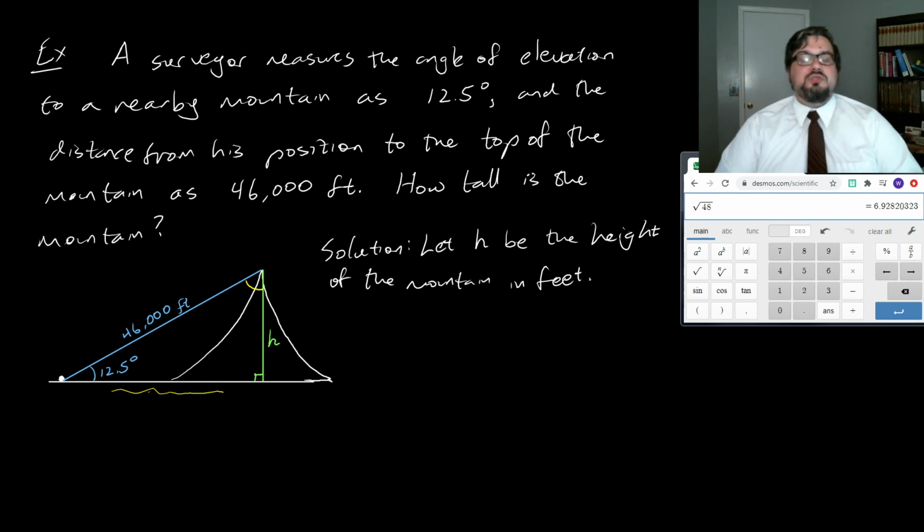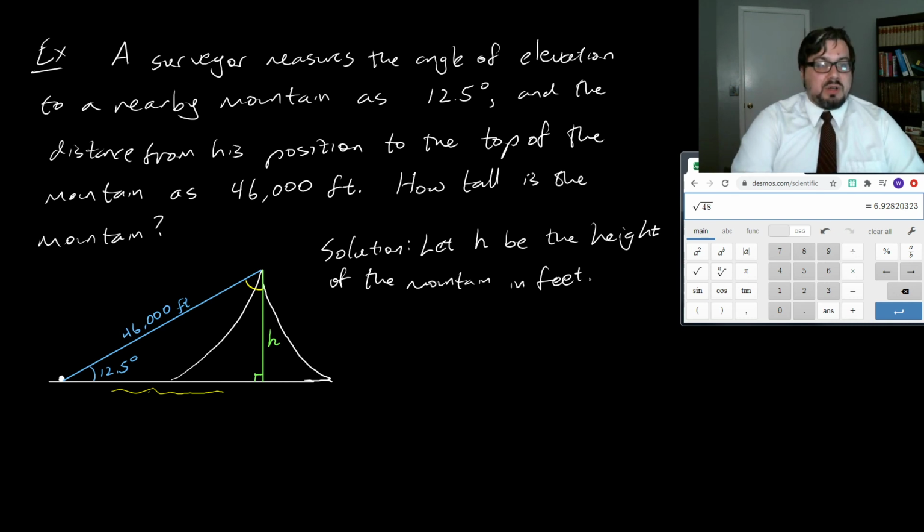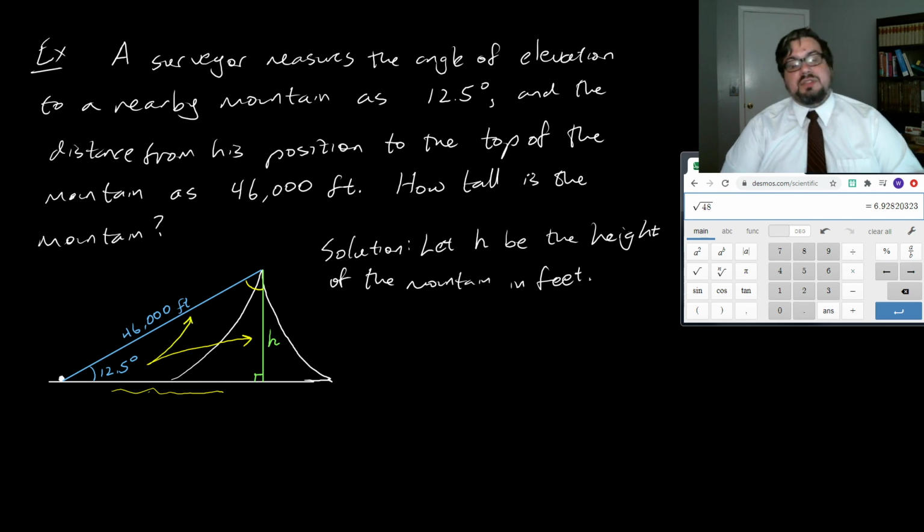And now we want to relate the two quantities we know with the quantity we don't know. The two quantities we know are the angle of elevation to the top of the mountain and the distance along the hypotenuse of this triangle to the top of the mountain. What we're trying to find is the height of the mountain, so we want to know what function relates the angle we know with the two lengths.